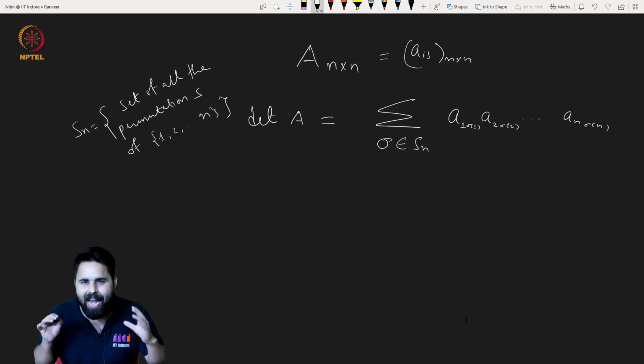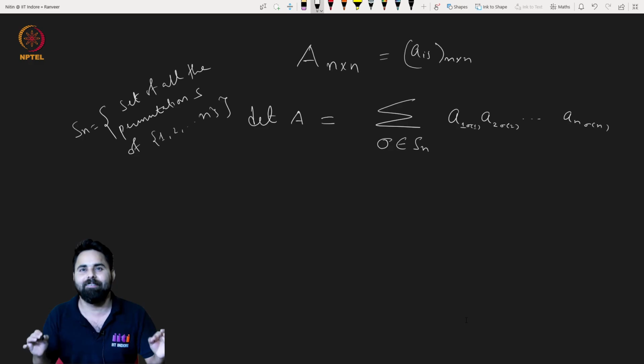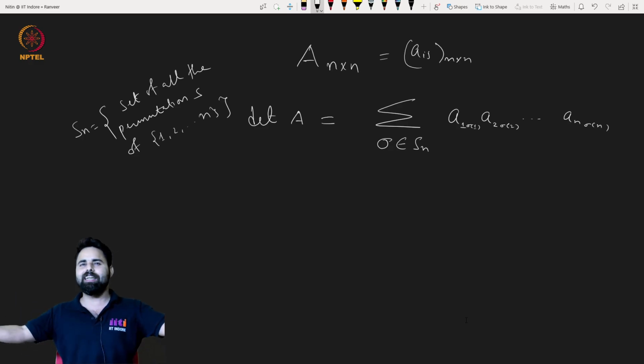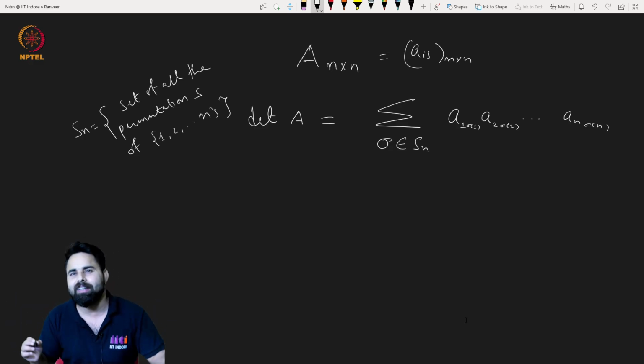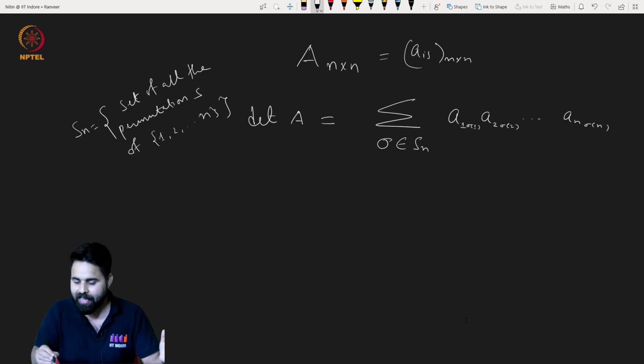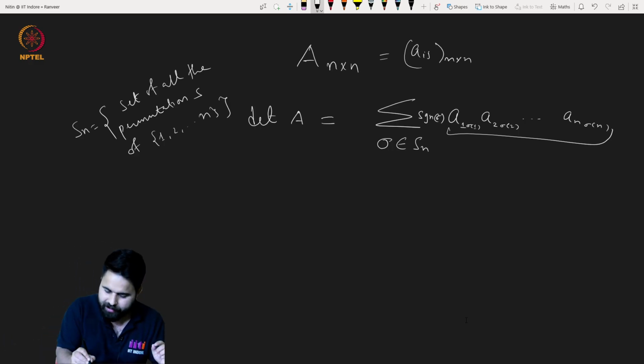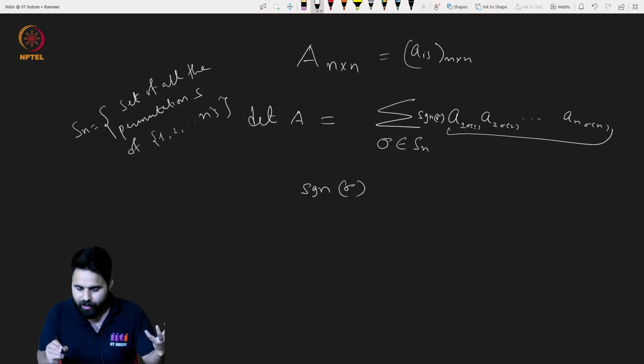We add them, but there is one more thing still left, which makes the determinant an altogether different quantity. There is a sign associated with each such combination, which we call the sign of sigma. What do we mean by the sign of a permutation?